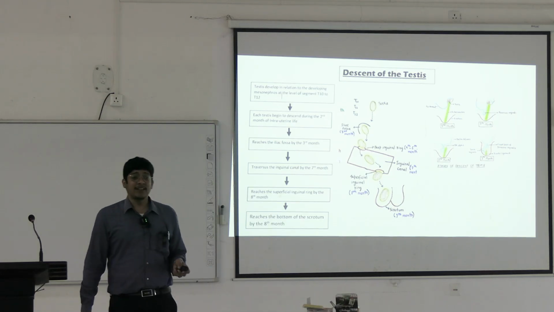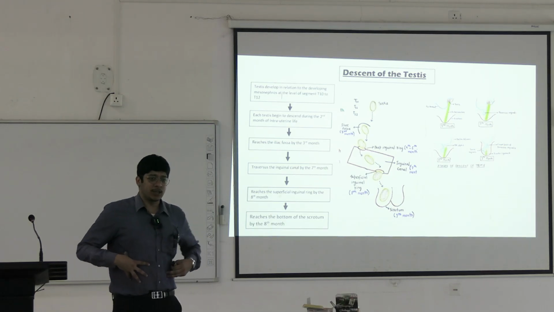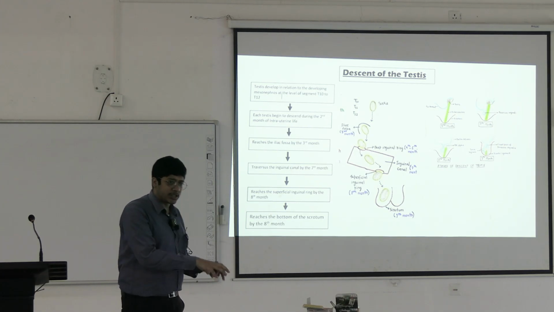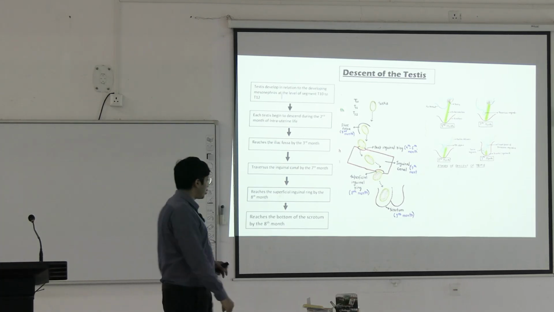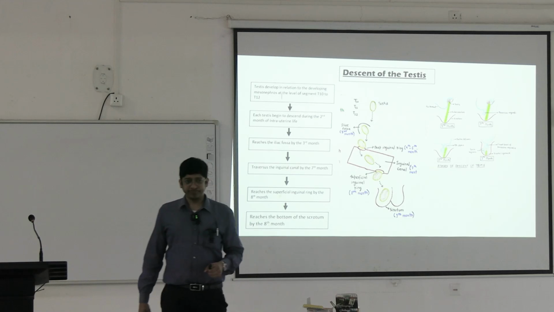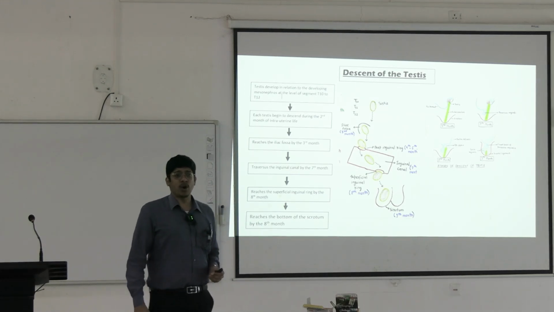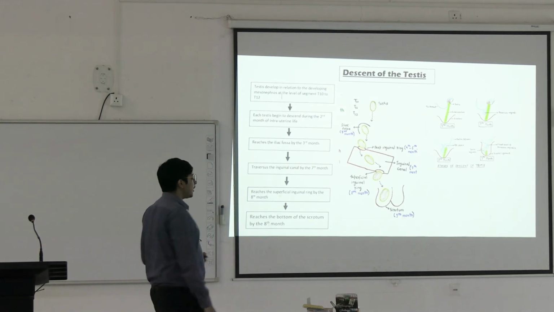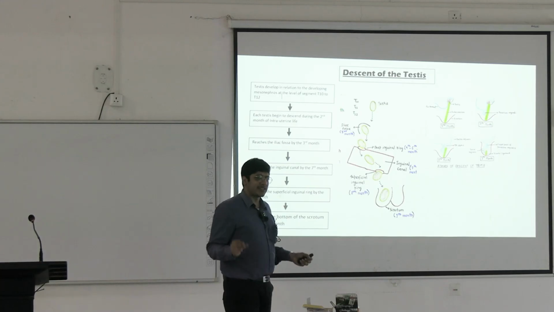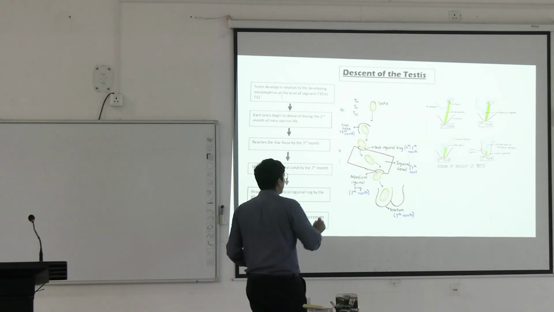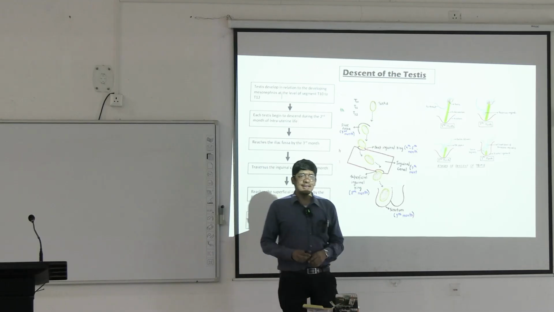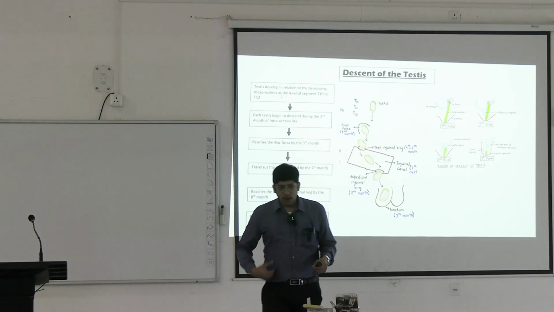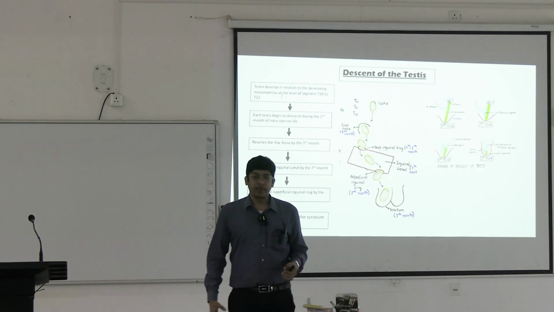The important factors are that increasing intra-abdominal pressure gradually pushes the testis down towards the deep ring, and it is also assisted by something called a gubernaculum. The gubernaculum is a thickening of mesenchymal tissue, one end of which is attached to the caudal end of the testis and the other end is attached to the lower part somewhere in the scrotum.